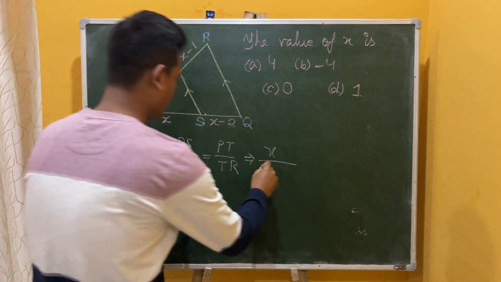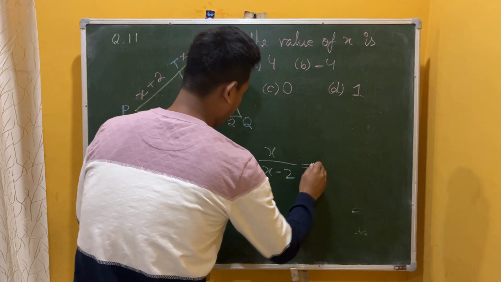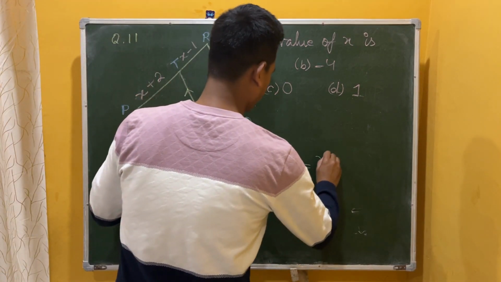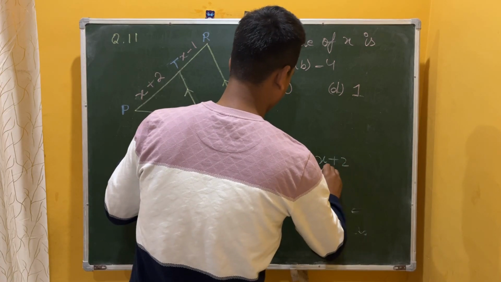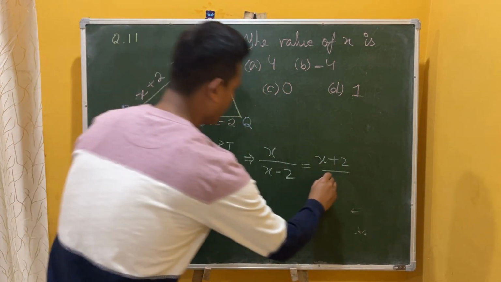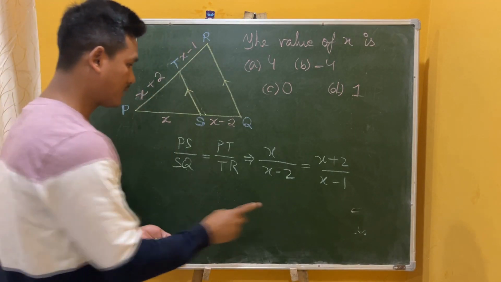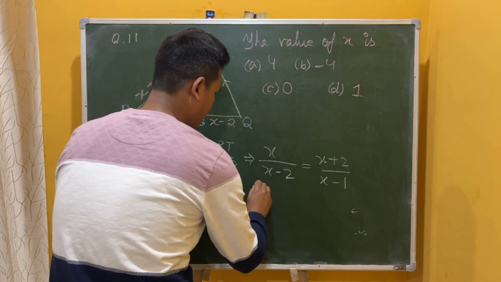So x upon x minus 2 equals x plus 2 by x minus 1. Alright, so let's cross multiply and find the answer.